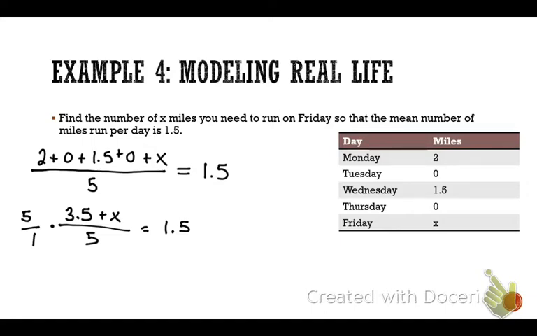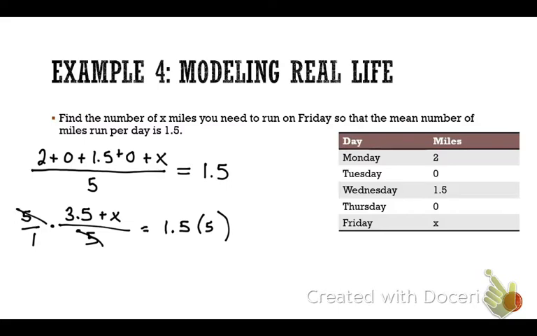Okay, so if I flip my denominator and multiply this, my rule says I can do that as long as I do the same thing to the other side. Property of equality. Okay, so if I multiply this by 5, these can cross cancel, as long as I multiply the other side by 5. All right, so now let's bring down what's left.